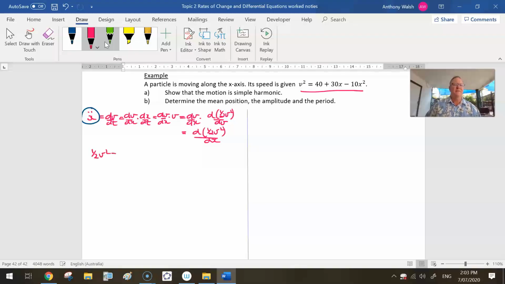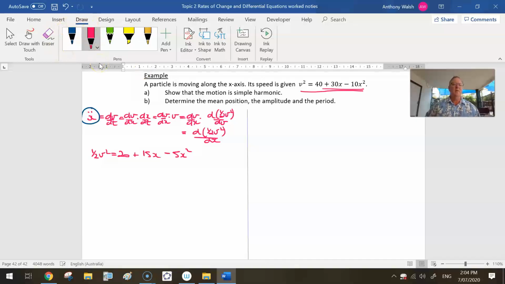A half v squared would be equal to half of 40 plus 30x minus 10x squared. So it would be 20 plus 30x minus 5x squared, not 30x at all. Sorry about that. It would be 15x.